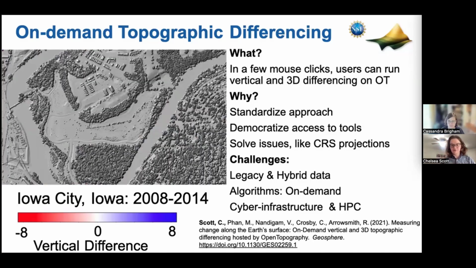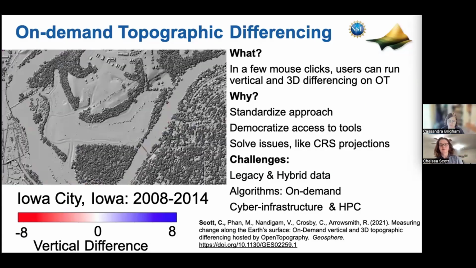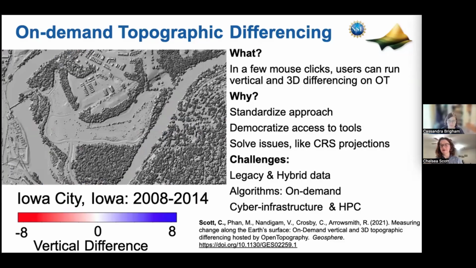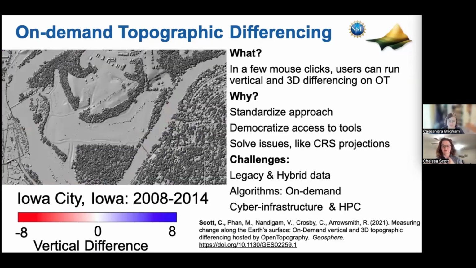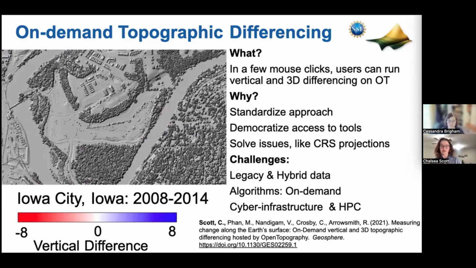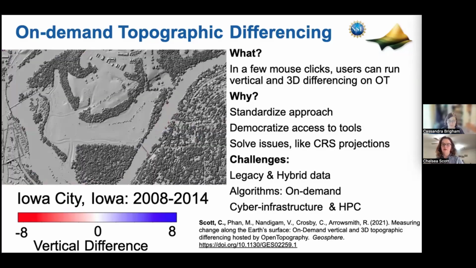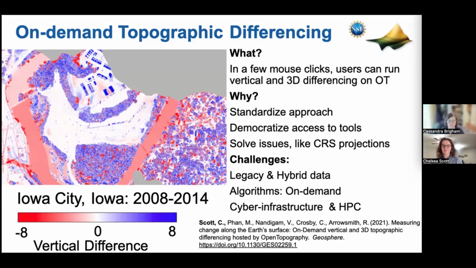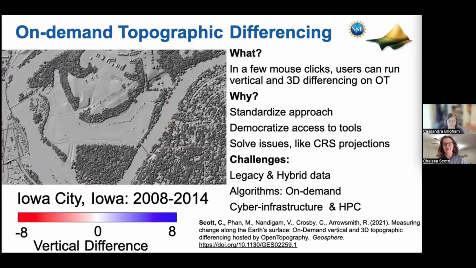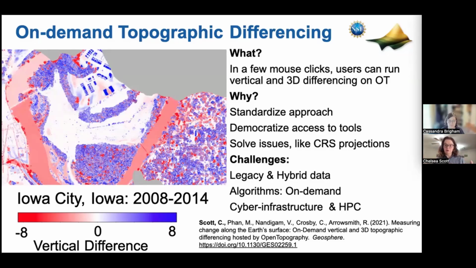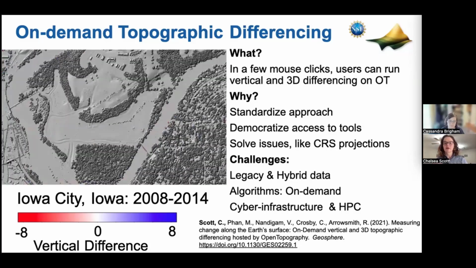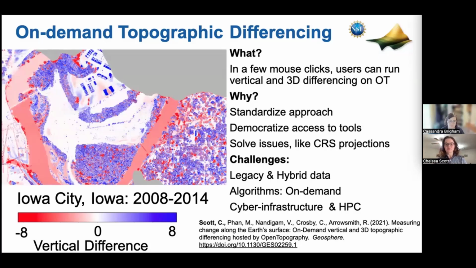Of course, we encountered several challenges. First, we wanted the differencing to work with legacy and hybrid data. So these data are going to have different resolutions, different quality, and could even be different types, for example, LiDAR and structure from motion data. The algorithms had to work on demand, so essentially, they can never fail. They must be able to work with new data that comes into OpenTopography without additional customization.